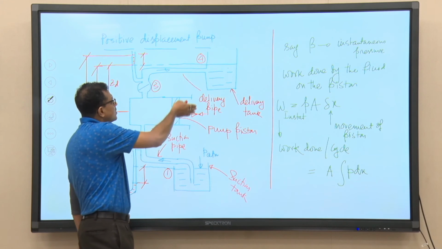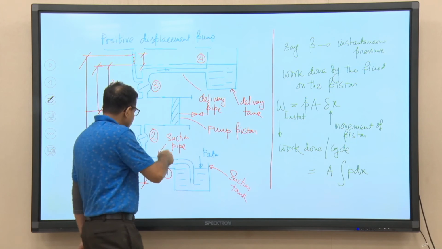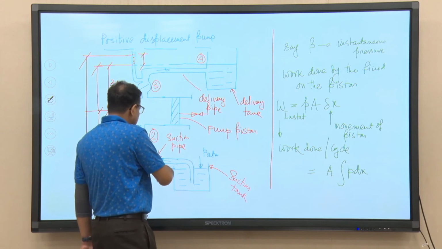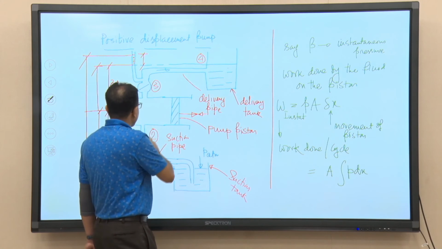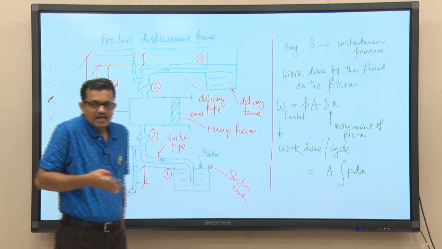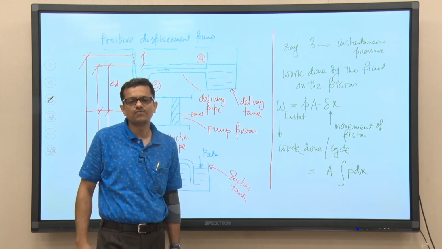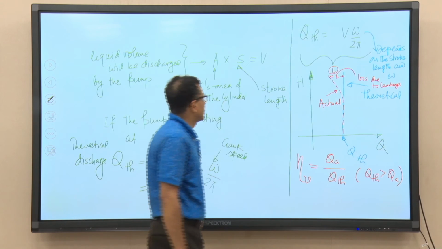If we take the suction tank, suction pipe, pump, delivery valve and delivery tank, and integrate all these components together to form a system, and do the energy balance of the system, then we can write.